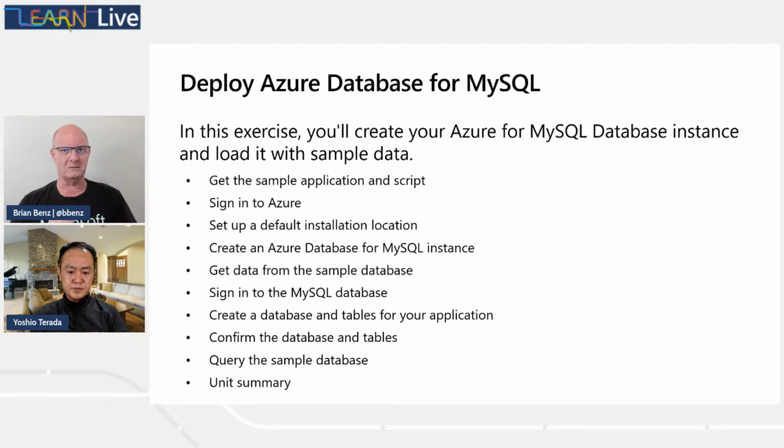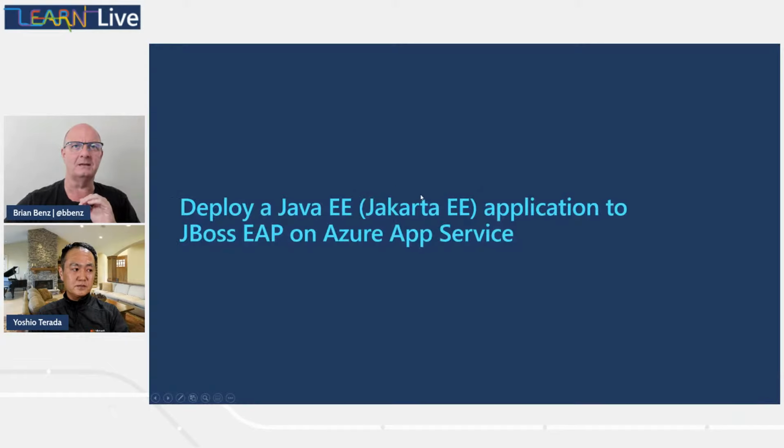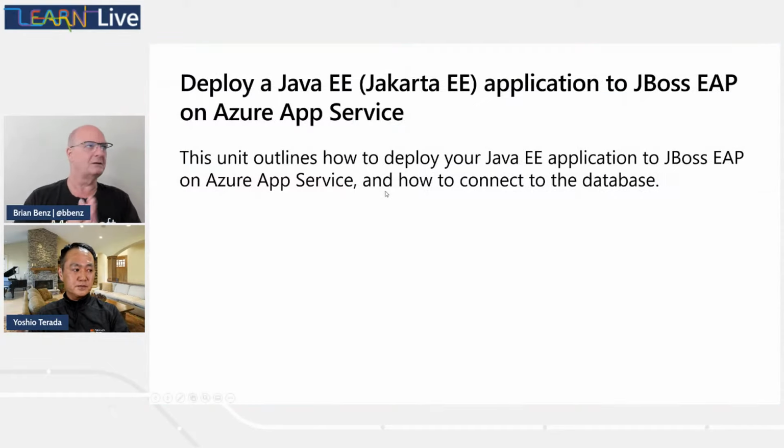We signed into MySQL using the script that Yoshio-san just created. And then it's going to create those databases using the command that he used. And then we're going to confirm the databases and tables and just check out the sample database. And then in the next part, we're actually going to deploy the application. So I'll let you get back to Yoshio's screen. It should be probably done by now.